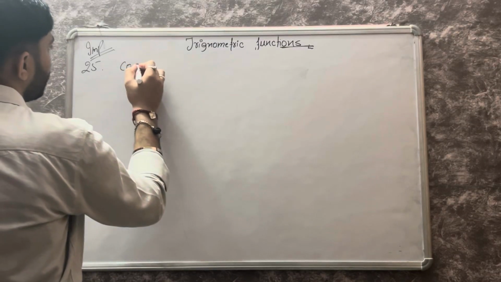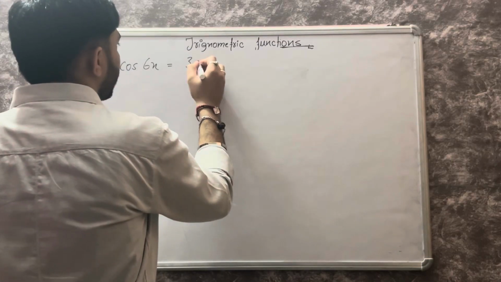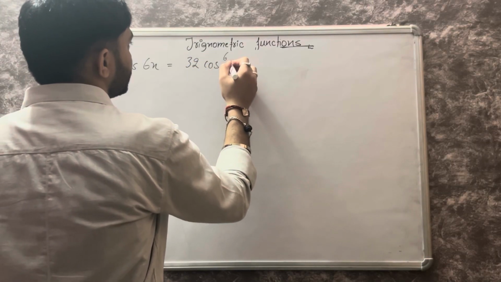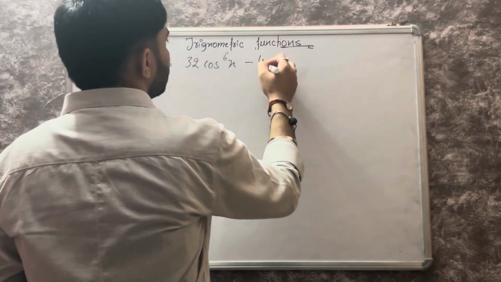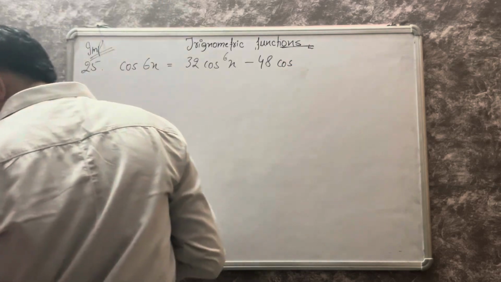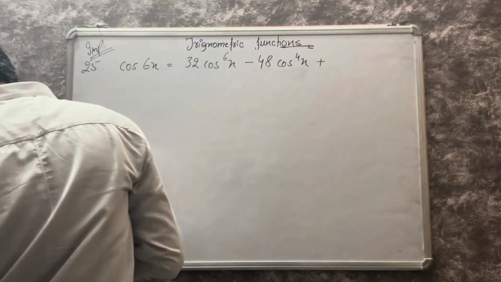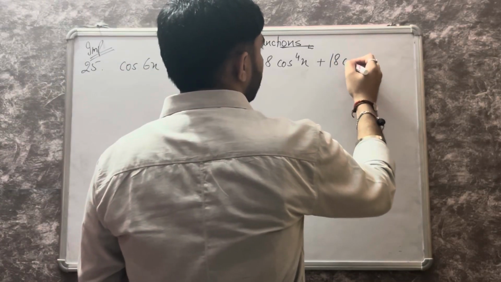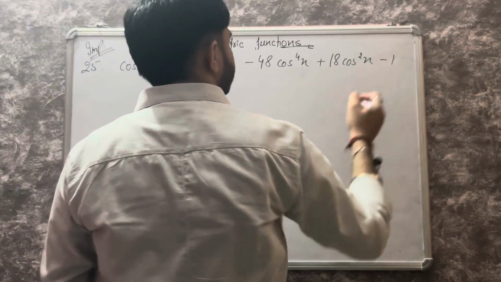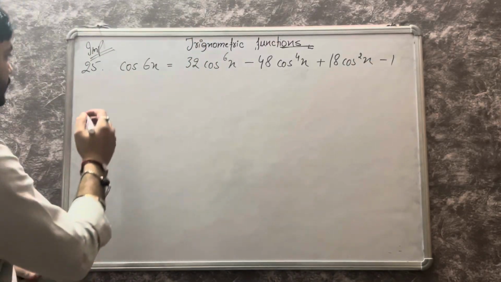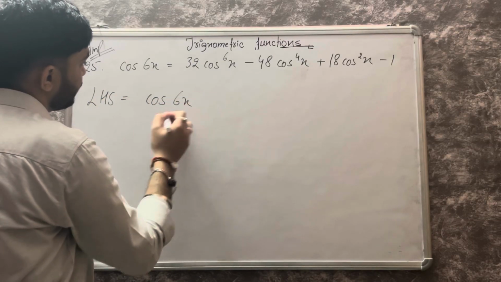That is cos of 6x equal to 32 cos to the power 6 x minus 48 cos to the power 4 x plus 18 cos square x minus 1. Now let us start this question with the left hand side, that is cos of 6x.